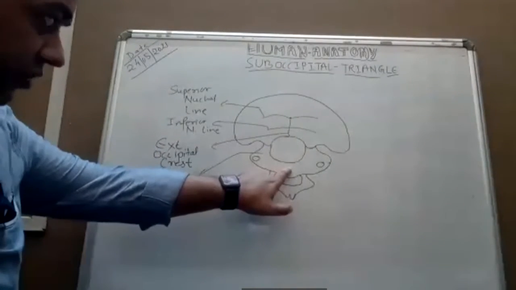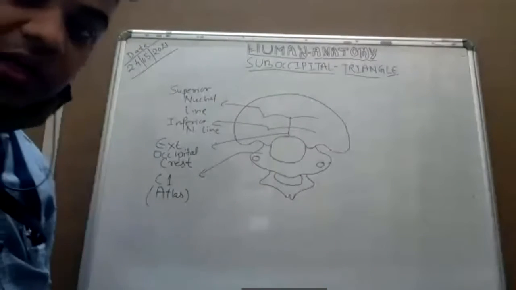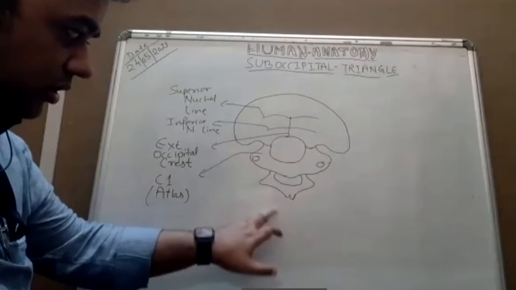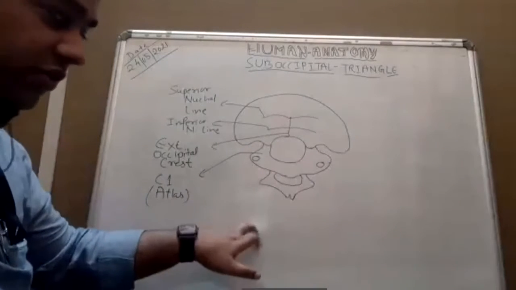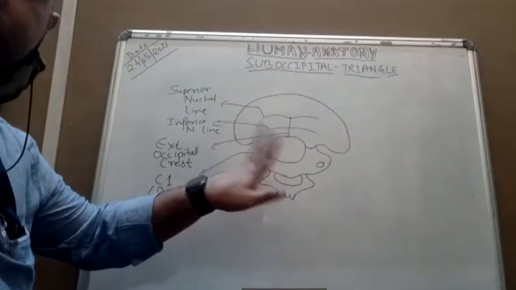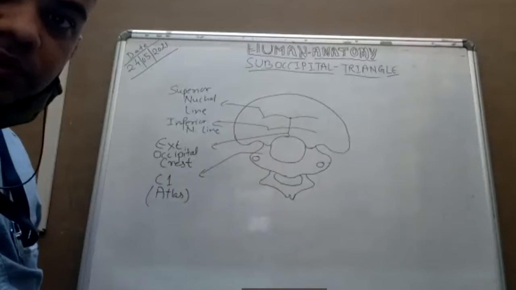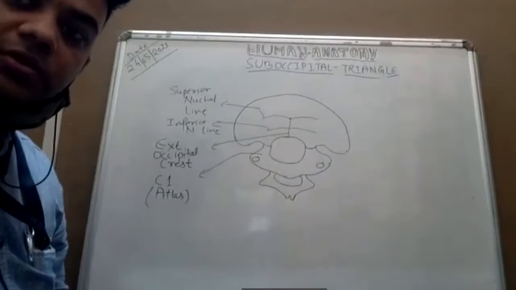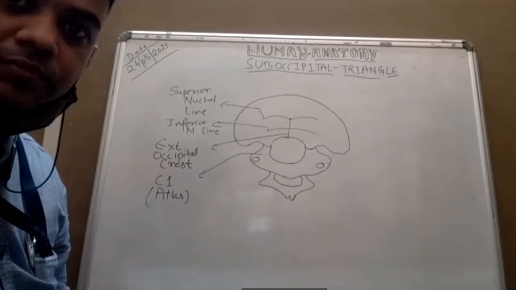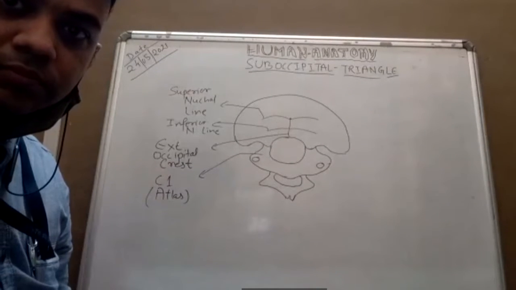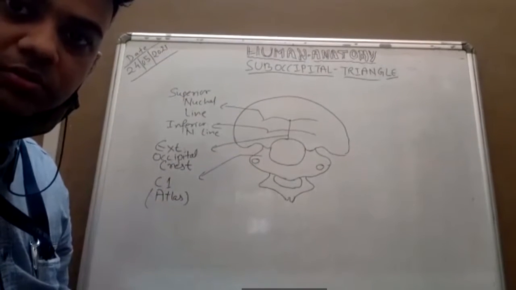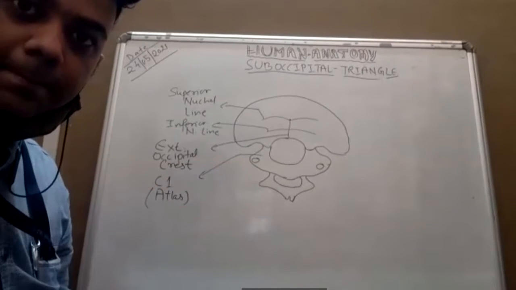Except the first and the seventh cervical vertebra, all the other, matlab from second to sixth cervical vertebra, are having posterior spines which are bifid, bifurcation. Okay, are you not able to hear, or what is the problem now? Are you able to see, or any problem there?